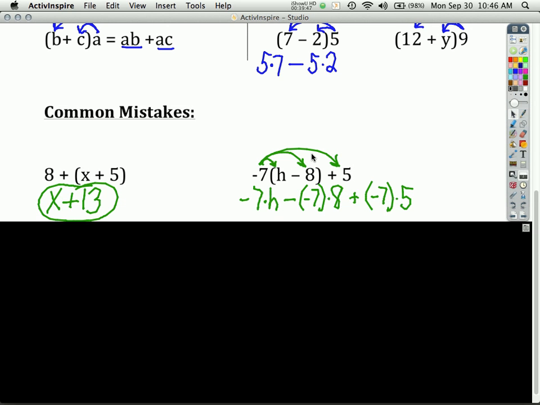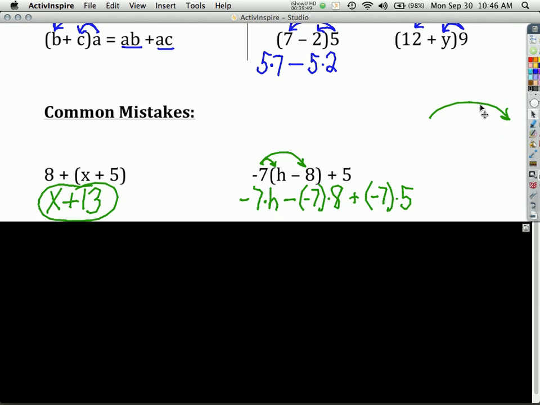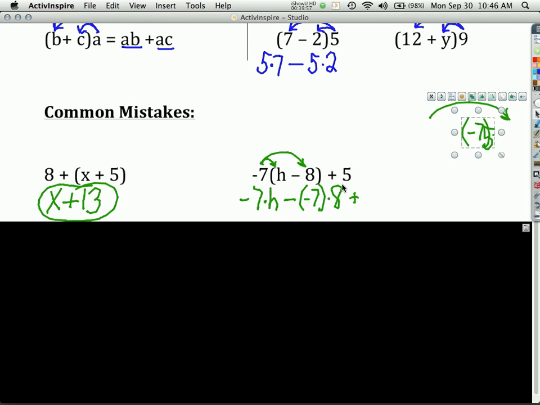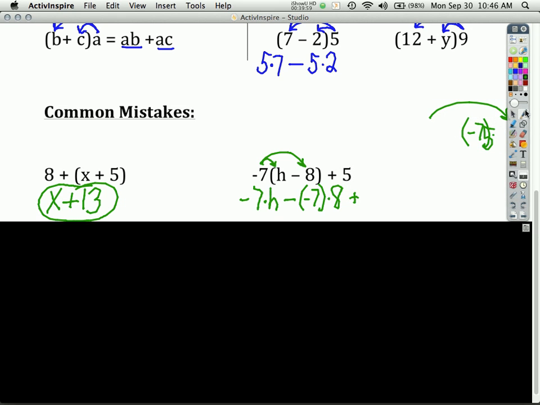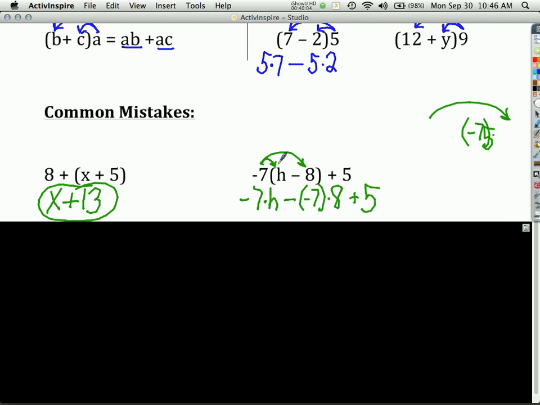I don't do this, and I don't do this, and I don't do this. I do the distributive property, but then I just add 5 to it at the end. So this would be plus 5. So I do distribute here, and I get this, but then I just add 5. Okay? So these are 2 common mistakes I see.